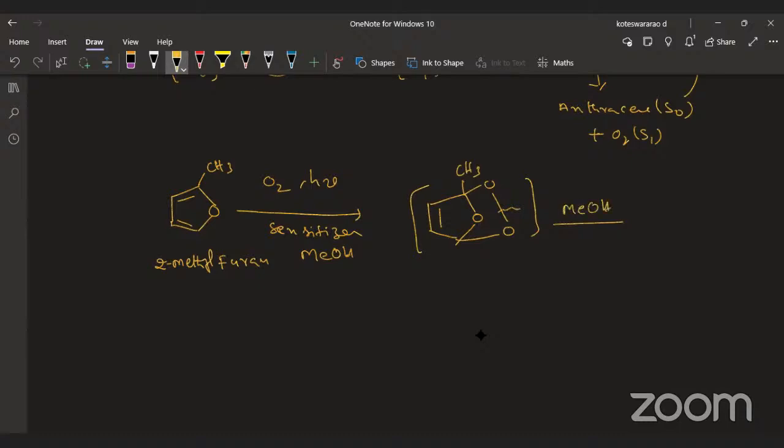In presence of methanol, that leads to the formation of OCH3 substitution here. Right. This is one example.